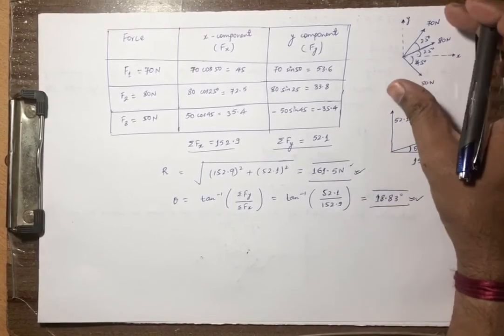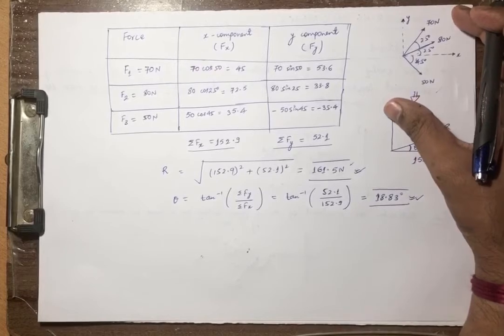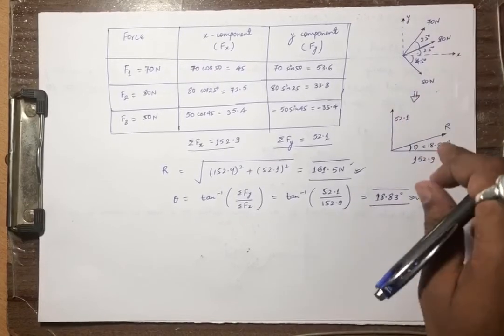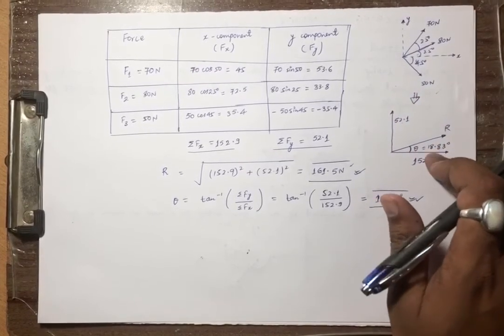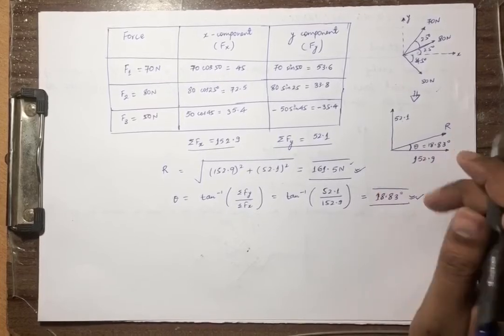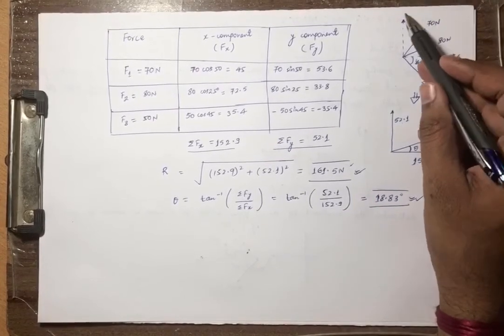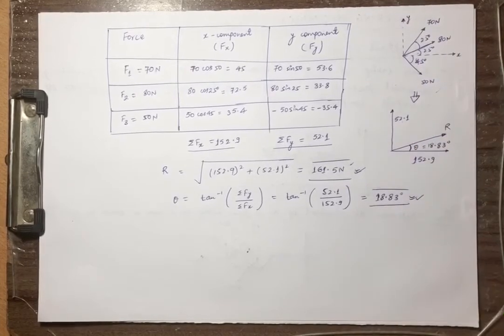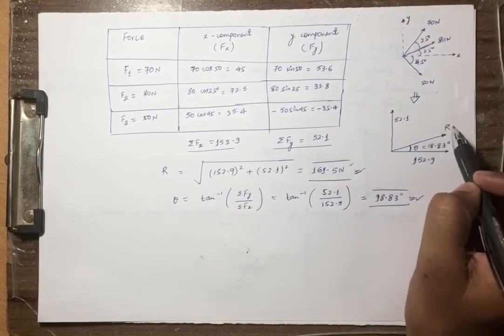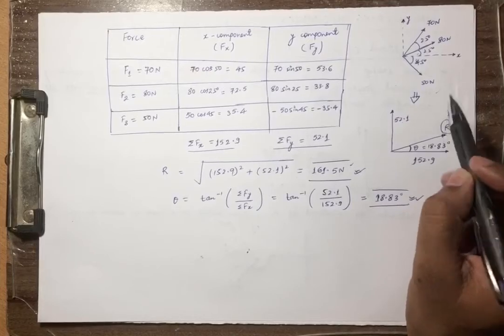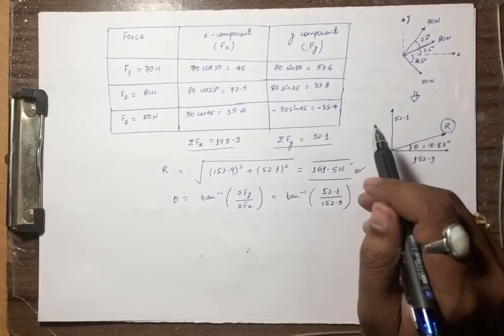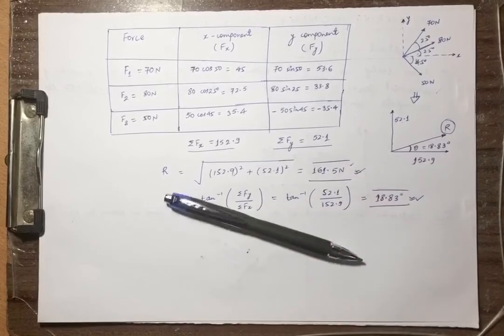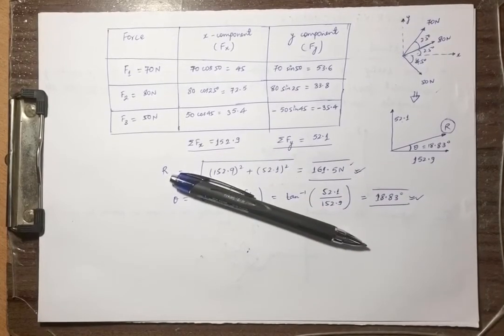If we are replacing this system of forces by this, the effect is going to be the same. Whether we are representing all these three forces alone, or simply applying this R, the result is going to be the same. Nothing is going to change in the calculation.